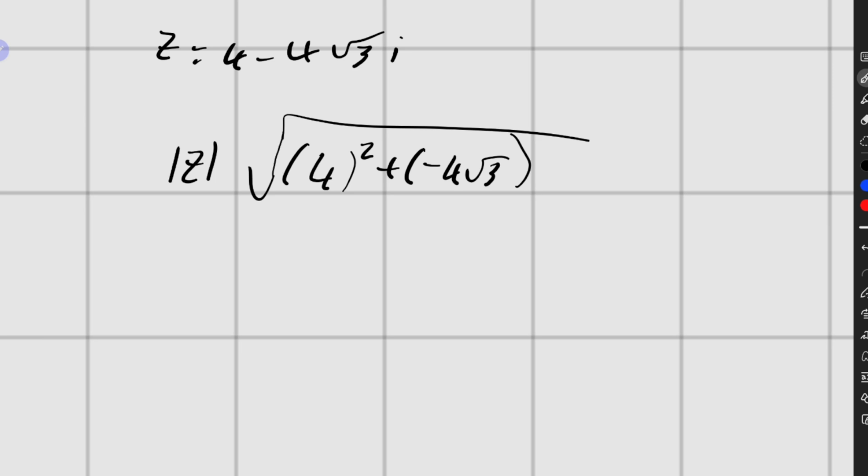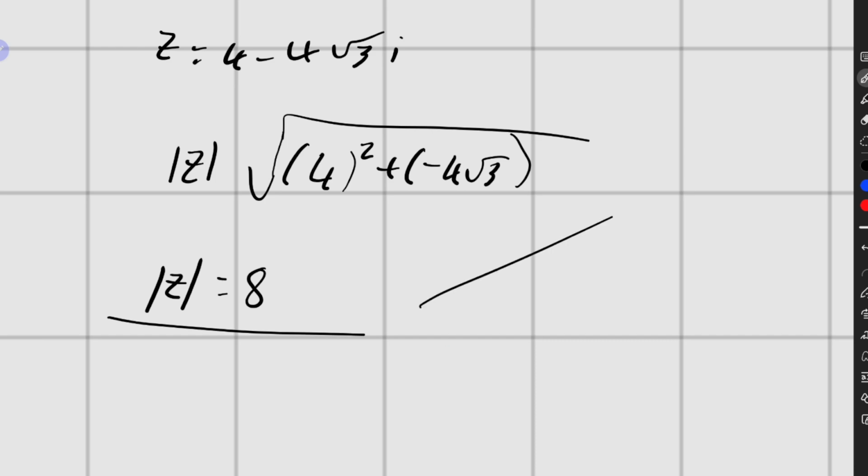Let me quickly type this into the calculator. Unfortunately, that one is a bit tricky. So 4 squared plus minus 4 root 3 all squared, and that is equal to 8. So say I have a triangle, this is equal to 8, right?